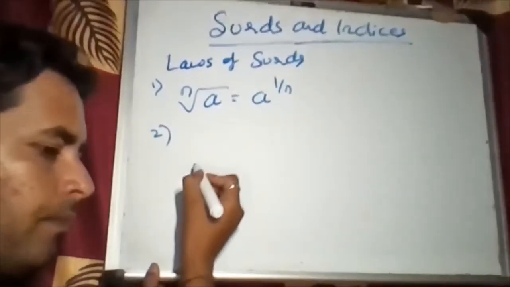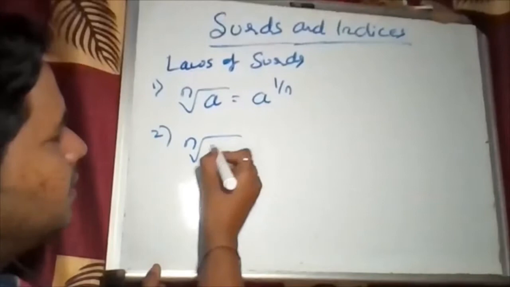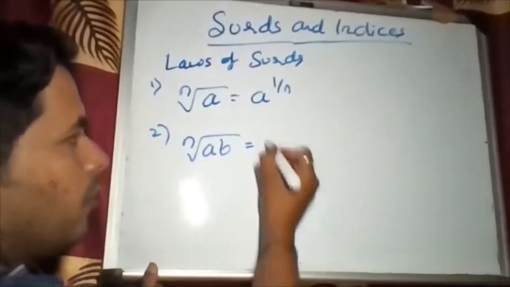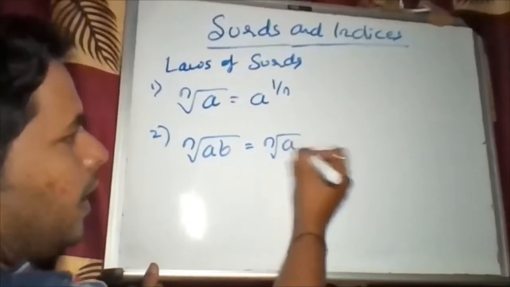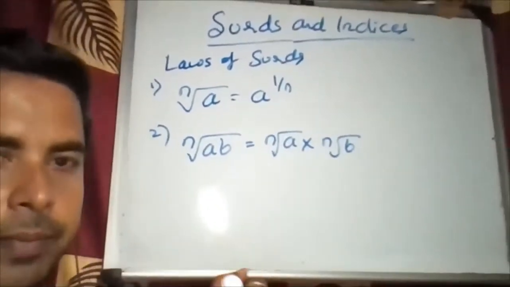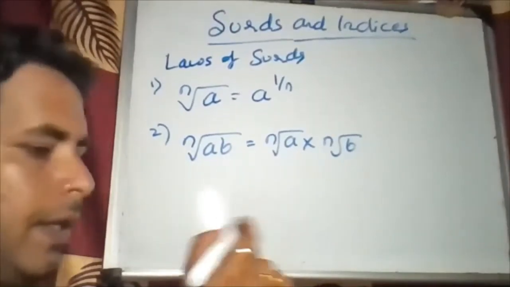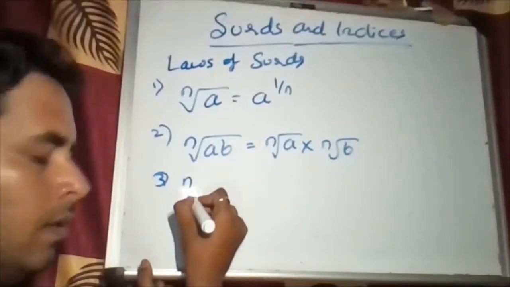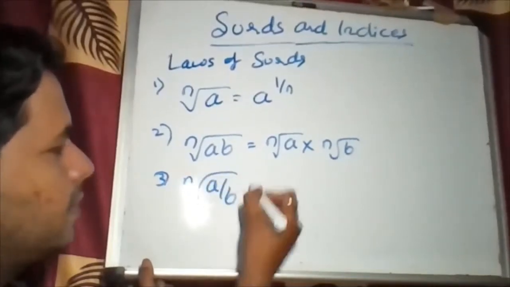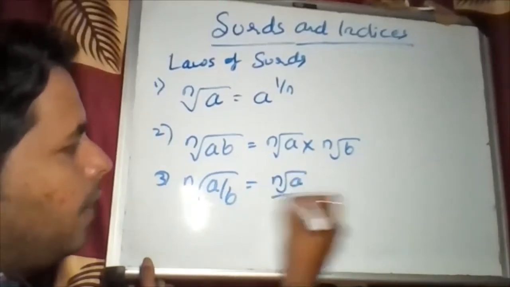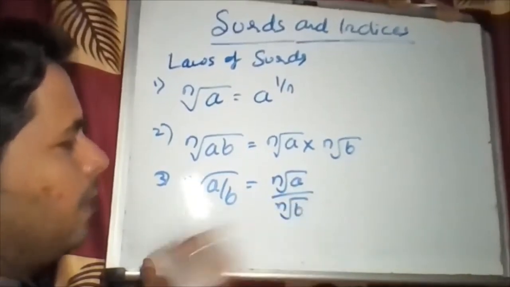And second one, if it is nth root of ab, then it is nth root of a into nth root of b. Okay, a into b. Then if it is nth root of a by b, then its answer will be nth root of a by nth root of b.